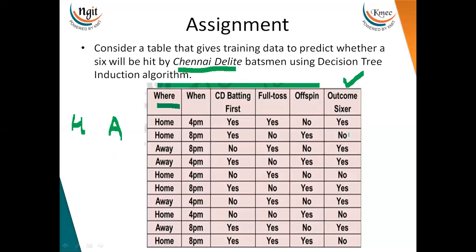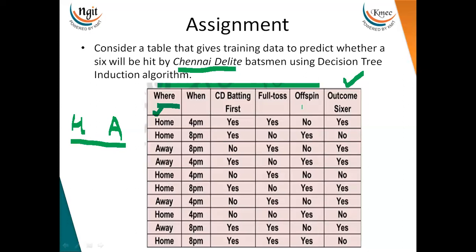But before that, you have to find out the entropy of the entire data set. So how many yes values are there and how many no values are there? Based on that, find out the entropy of the entire data set, and from it subtract the entropy of this weighted average. Then you will get the information gain of Where. So the same procedure should be repeated for the remaining 4 features.